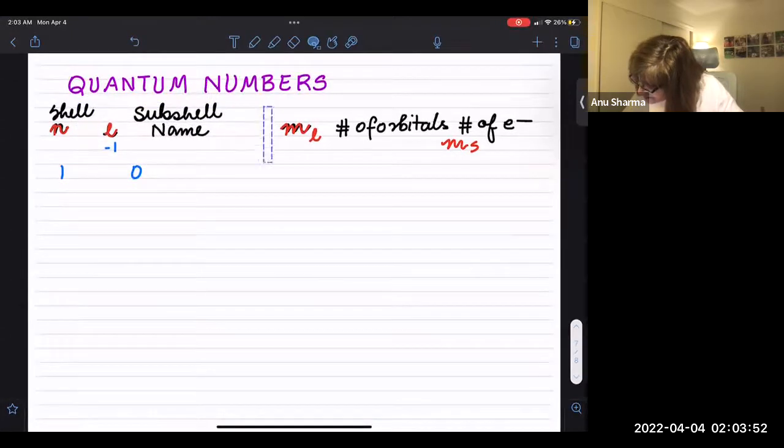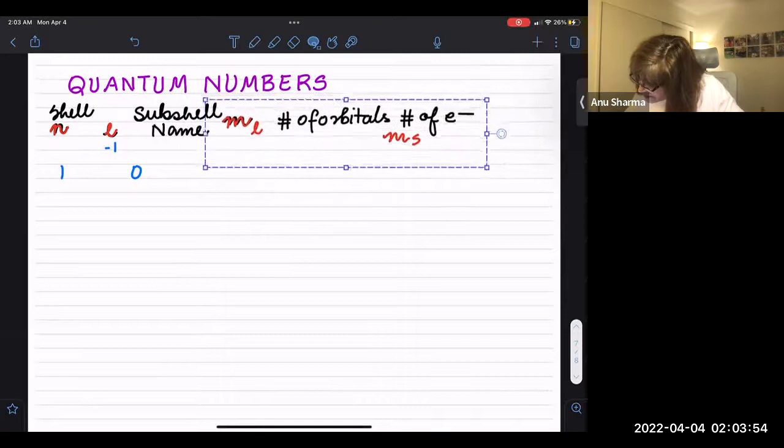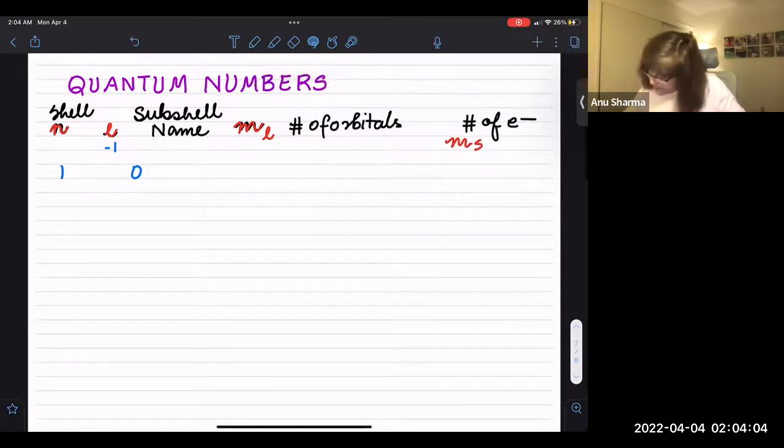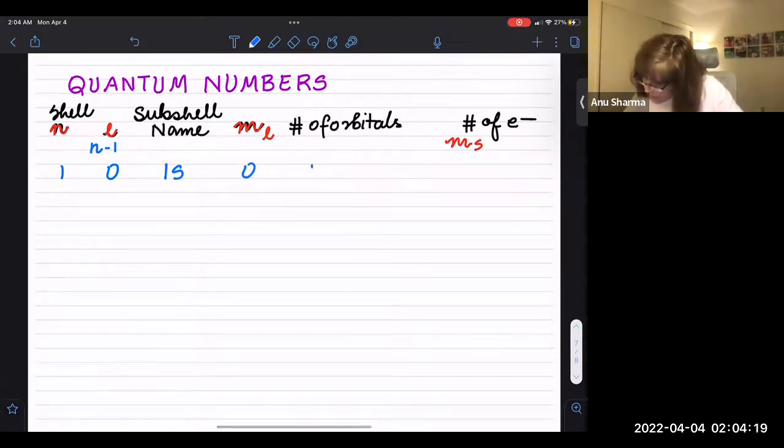Okay, so we have when N is equal to 1, L is equal to 0, the name is 1s, and ML is 0, the number of orbitals is 1, and the number of electrons is 2 electrons, and one is spinning upwards and the other is spinning downwards in the orbital.